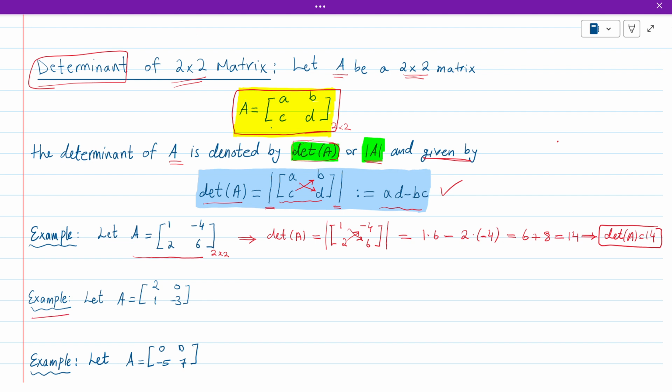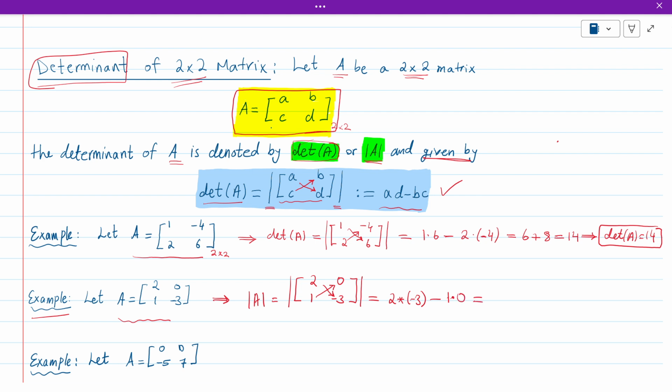Now the second example, we have this matrix A. If we want to find a determinant, this time we prefer to write A between two lines, meaning determinant of A is the matrix between two lines, which is 2, 0, 1, -3, and that is 2 times -3 minus 1 times 0.